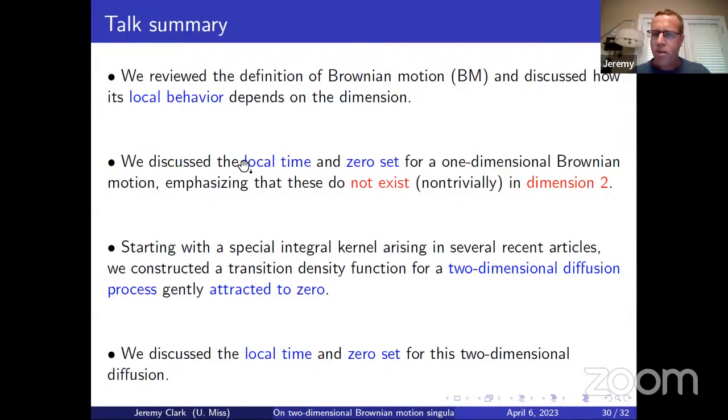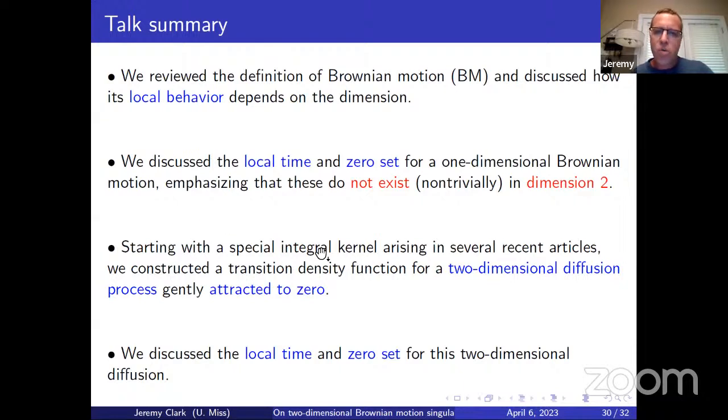We made the point that we don't really have an interesting analog of the local time or the zero set in dimension 2. A 2-dimensional Brownian motion just doesn't visit 0, so you can't build a theory on that.